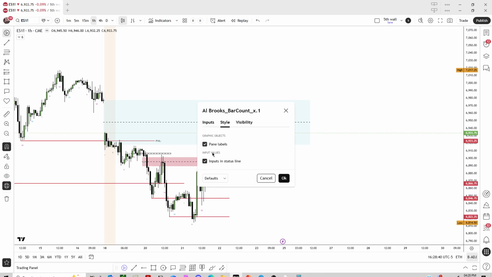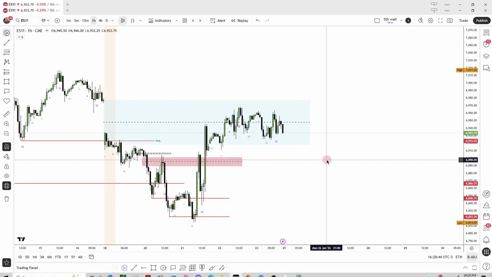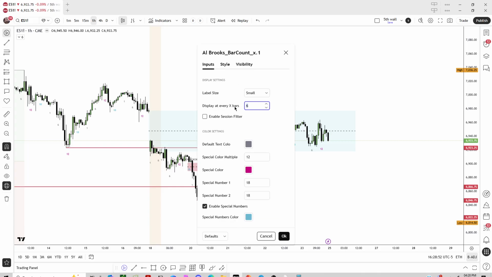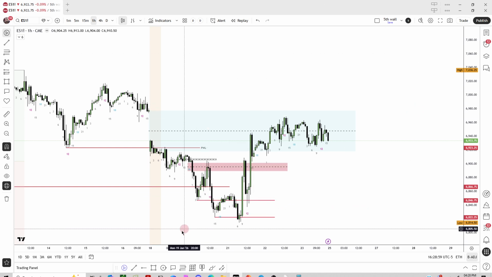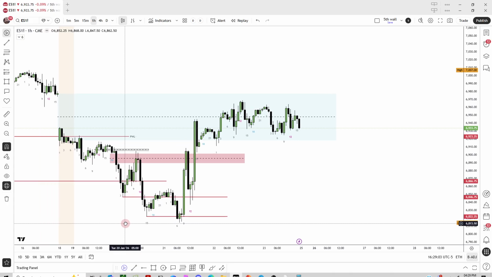Make it bigger. All right, so it's going in sixes. We can just do threes. All right, so this is candle, what am I referring to?